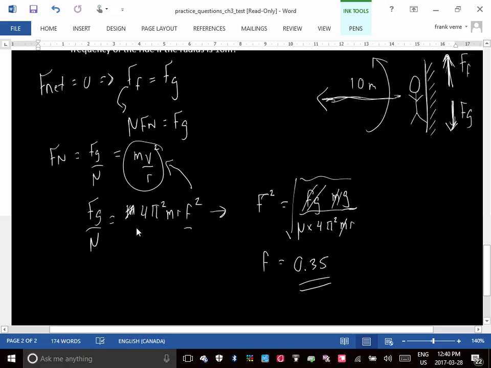Okay, this is the right equation for frequency. 4 pi squared m r squared. Should work. Okay, I'm going to stop the video here and we'll see why the answer is different.